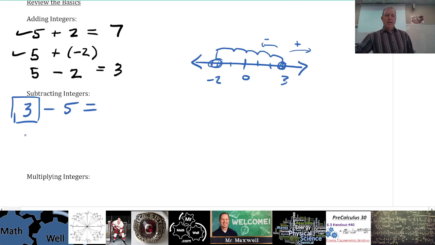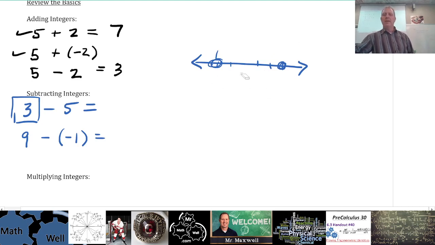Here's another big one though. If we have 9 minus a negative 1. This is where it gets a little tricky because it's a little harder to visualize, but let's say we start at 9 here, and then we're subtracting, so we have to go this way, but we're subtracting a negative.